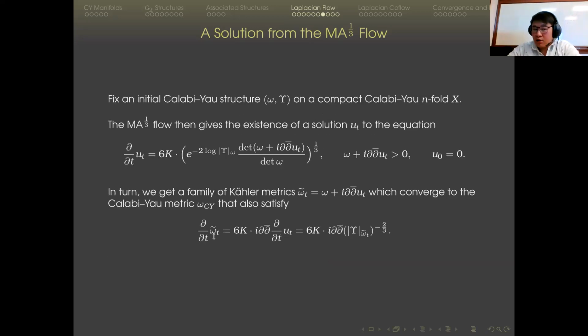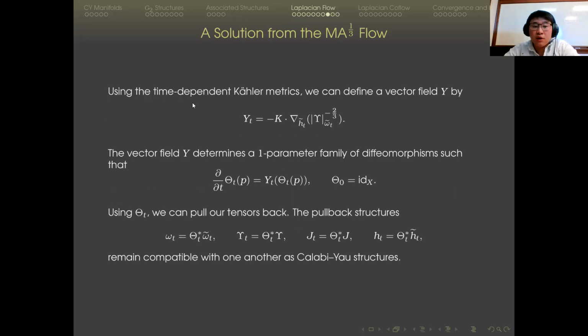So we've defined these auxiliary structures, omega tilde. Those are Kähler structures with respect to some fixed initial complex structure, and we can use these Kähler metrics to define a time-dependent vector field just by taking the gradient of that norm to the minus 2/3. That time-dependent vector field will then determine a one-parameter family of diffeomorphisms that are isotopic to the identity.